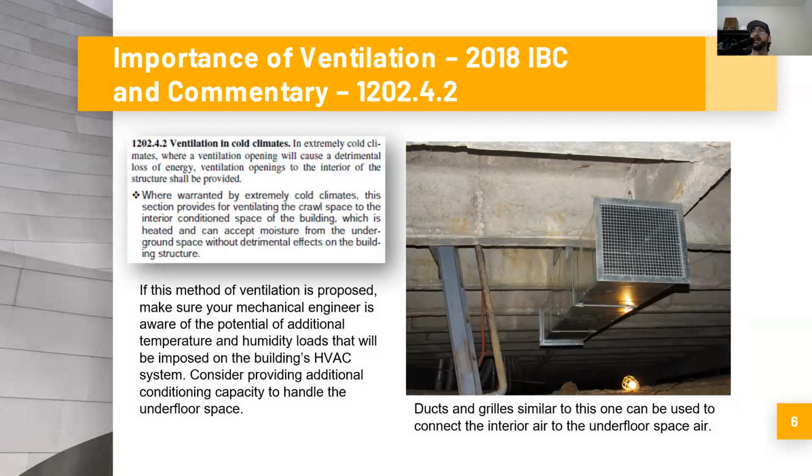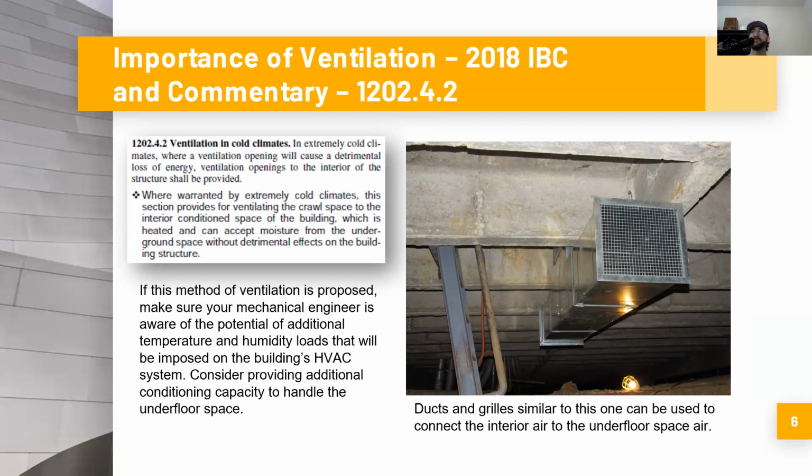1202.4.2, and interestingly, in the 2018 code, this now has its own section. Under previous code editions, this section for ventilation in cold climates was actually covered by an exception to the general requirement for ventilation. But it was important enough that in the 2018 code, they went ahead and made it its own section.